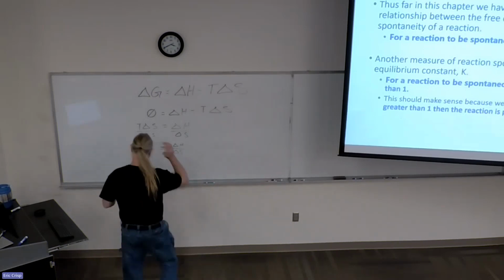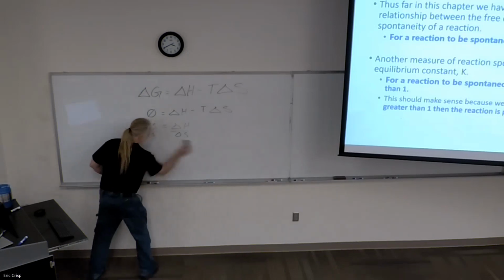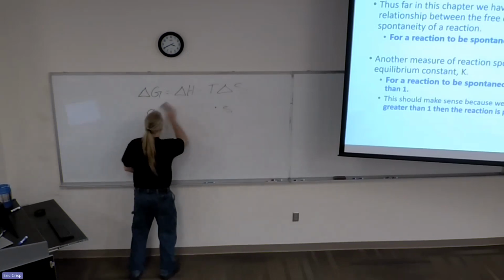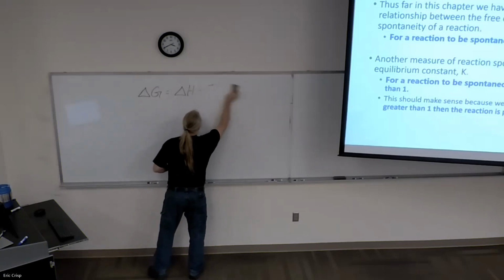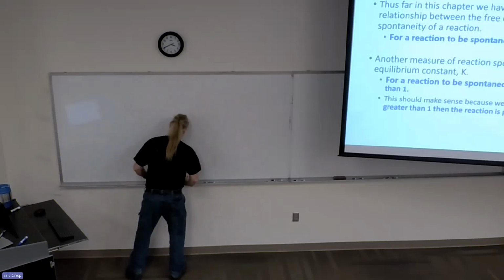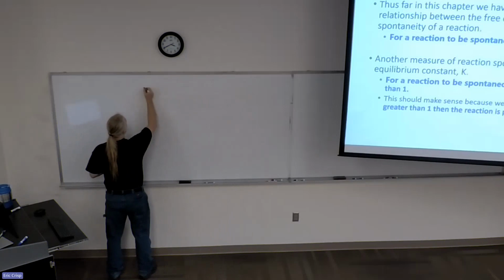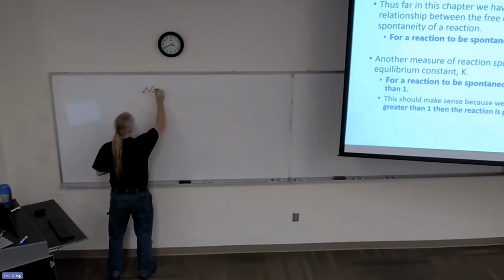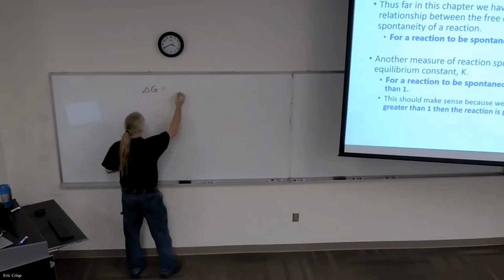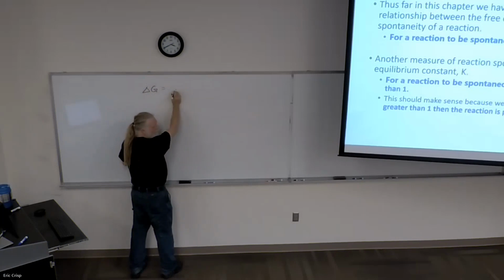And so when that zeroes out, you're going to get equilibrium. So let's think about that. Let me put that up here. What are we saying here? Equilibrium is defined as what?